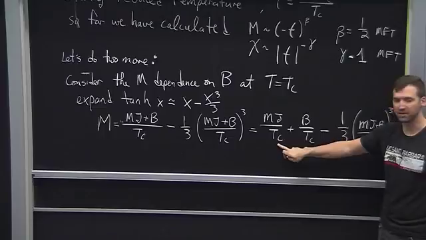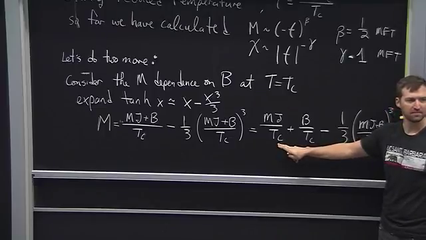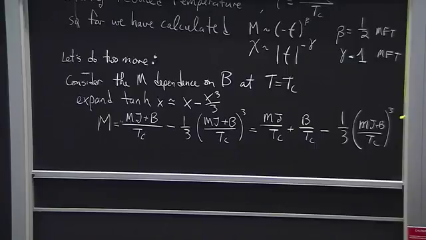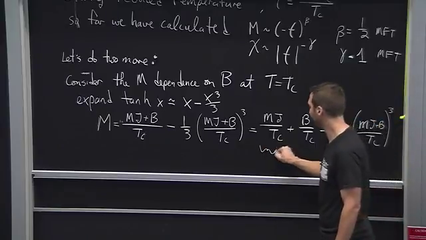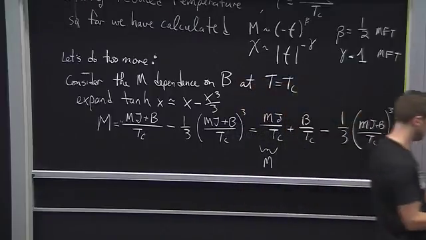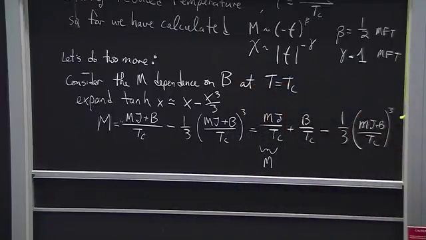What's J over Tc? One. Remember? That's the mean field solution, right? So this term here is just m. We got m, m. So we can solve this for B, the B field.